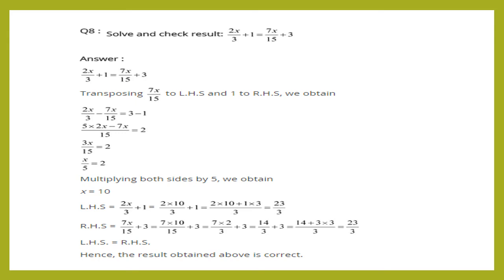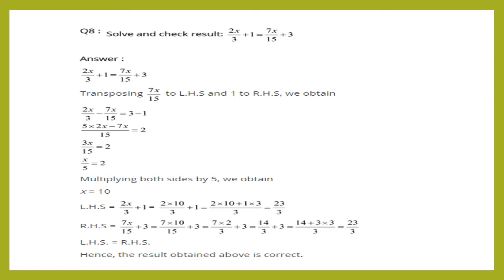If there is no change in the denominator, there is no need to change the numerator also, so write down the numerator as it is, minus 7x. 5 into 2x minus 7x by 15 equals, in 3 minus 1 we'll get 2. 5 2s are 10x minus 7x. In 10x, 7x goes, we'll get 3x by 15 equals 2. 3 1s are 3, 3 5s are 15, so x by 5 equals 2.